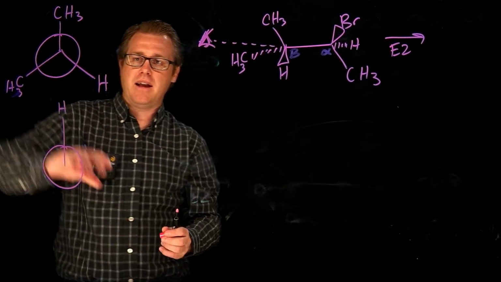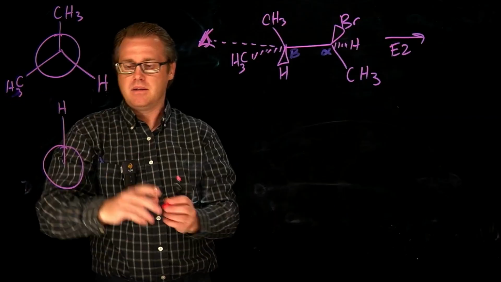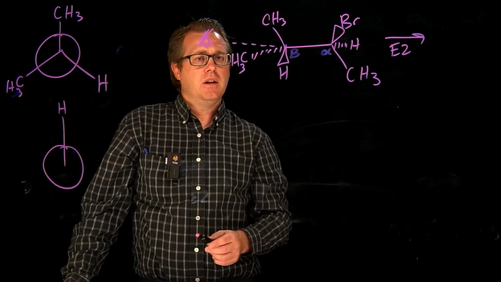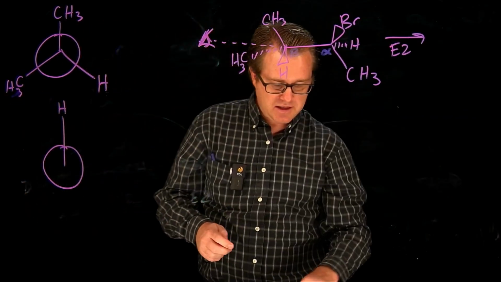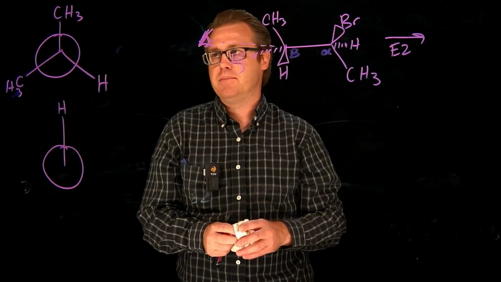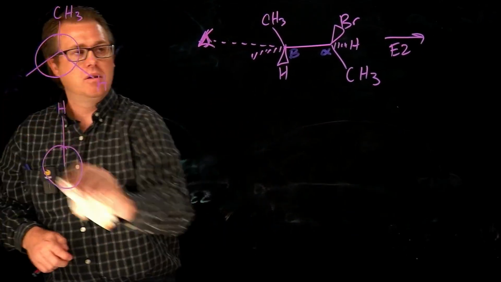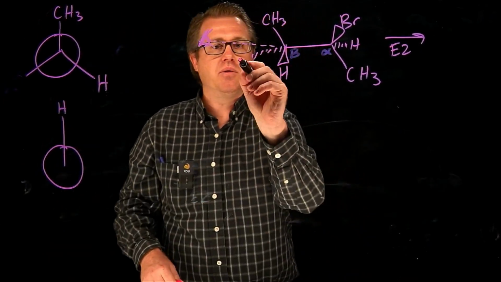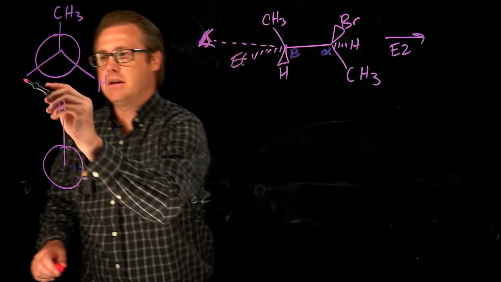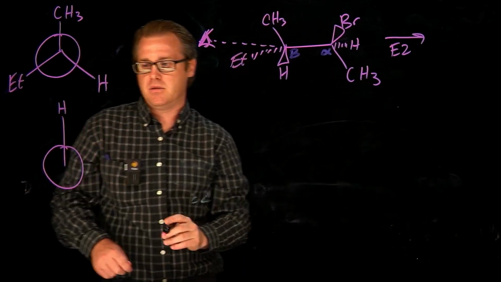And in order to get it there, I would have to rotate this. And, let's change up the substituent so we can actually trace it. So we'll keep that a methyl. Let's turn that one into, let's say, an ethyl. Okay? So we can track this a little bit better.